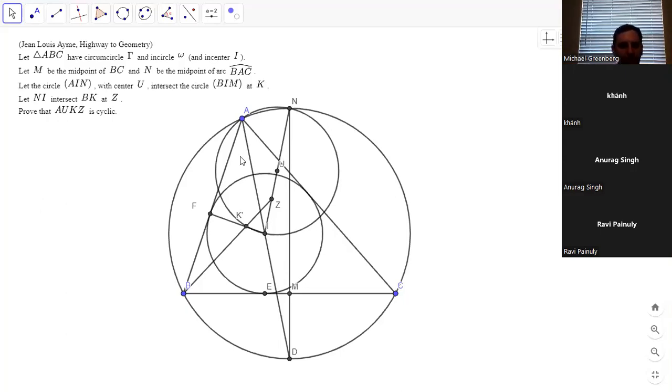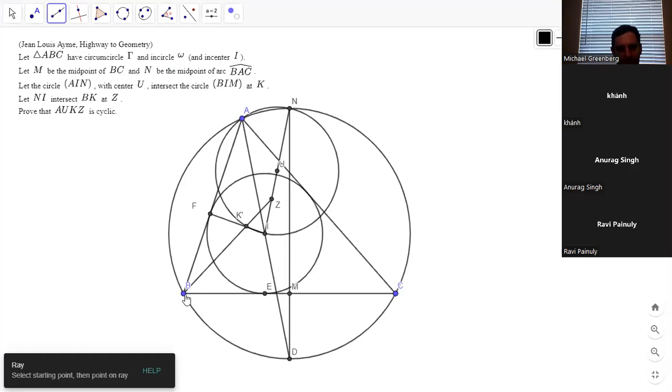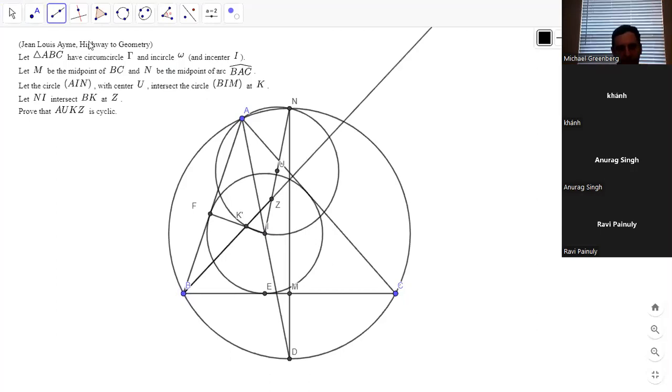So yeah, how do we calculate angle ZKI? Maybe we should let this intersect the circle again. That might be an easier way to do it. I think in the last problem we showed that these meet on the circle, right?